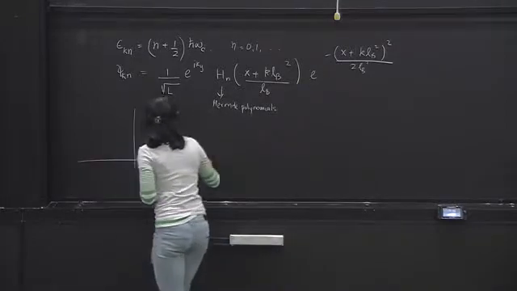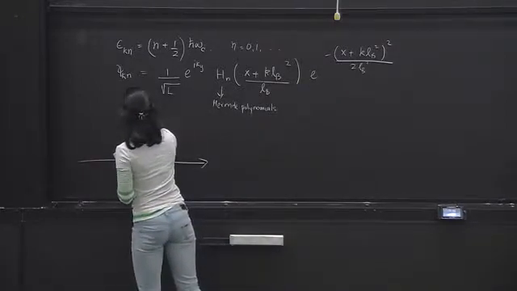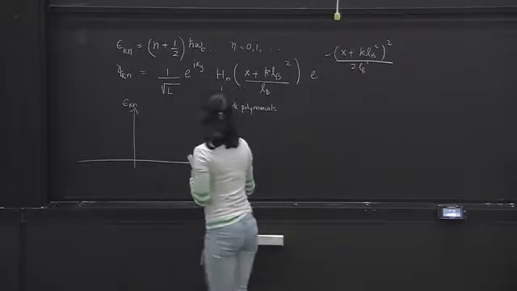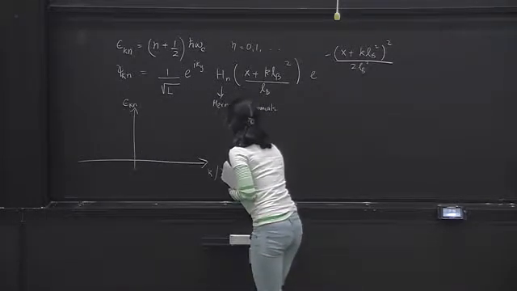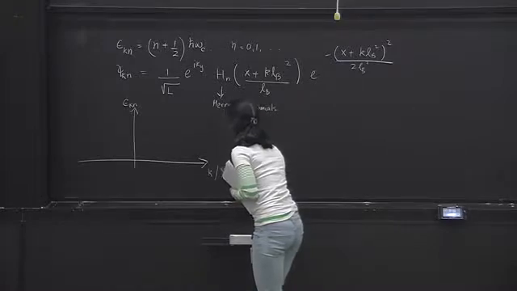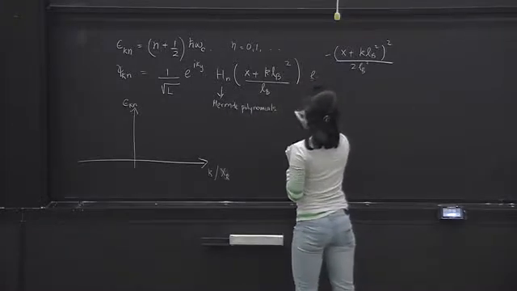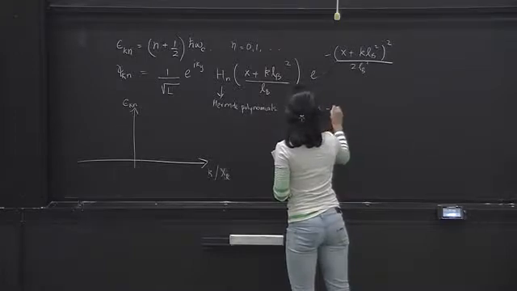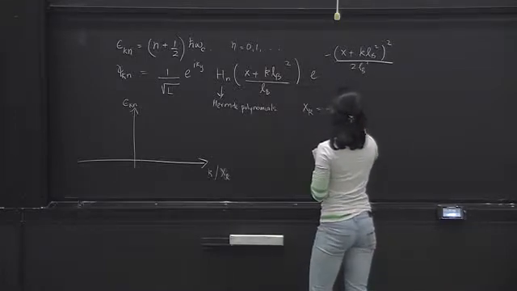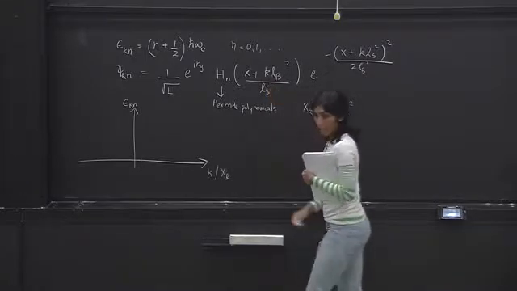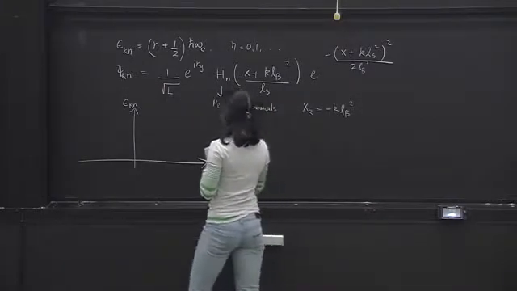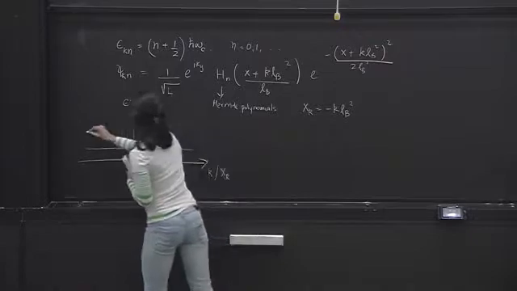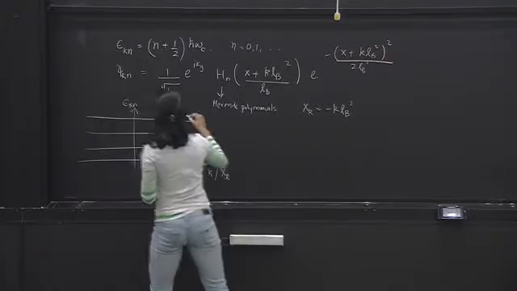So if I plotted the spectrum versus k, or equivalently x_k, where x_k, remember, is the center of this eigenfunction, you see that I just have flat levels.